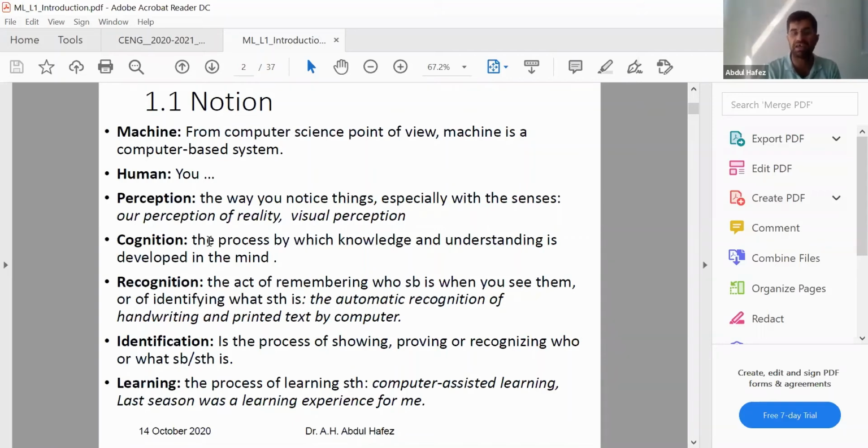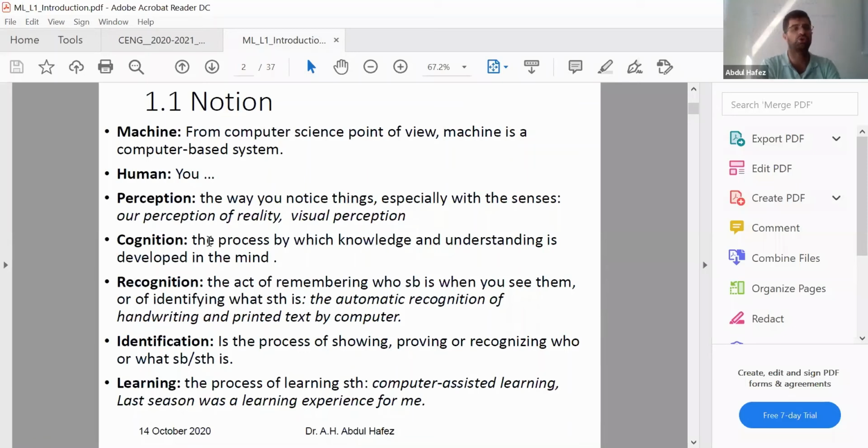So how can we make machine perception, how can we make computers see, in contrast to humans seeing using eyes? Computers will see using cameras. If I connect a camera to the computer, it will acquire images from this camera and then process and understand them. Then it is visual perception by a computer.